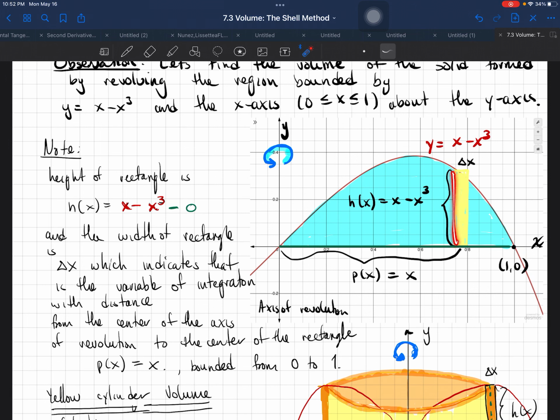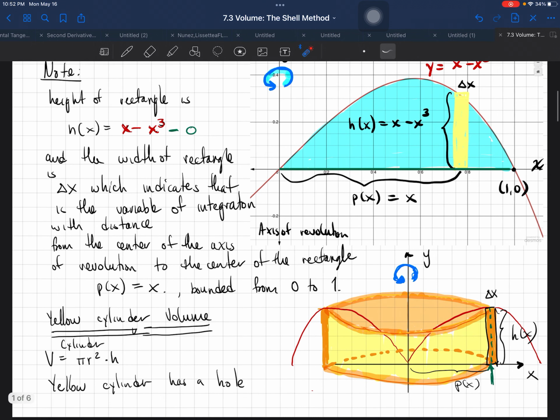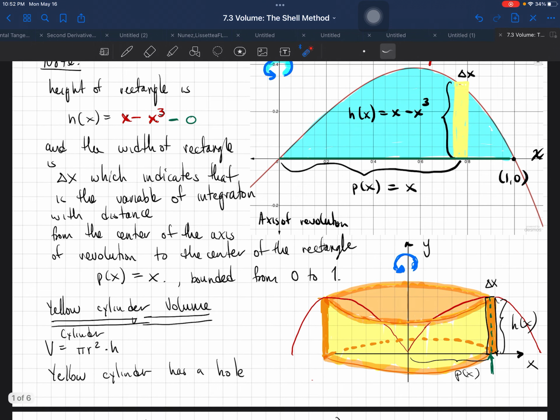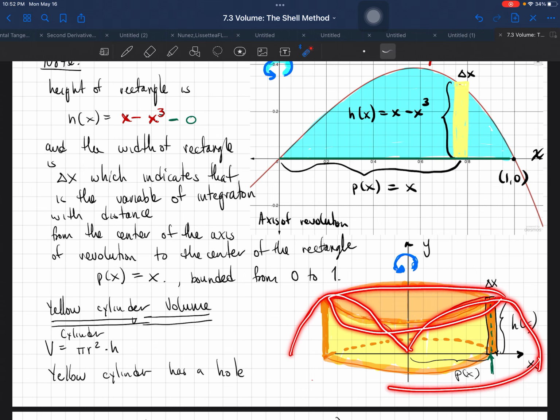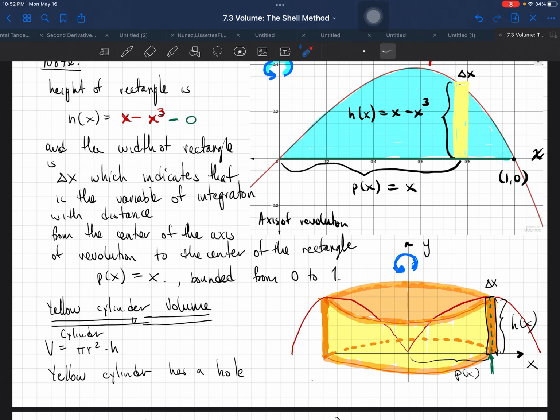What we have is this little rectangle. If you want to see it better, this is how it's going to look. So here is the solid, a three-dimensional solid, like this. And here the shell is almost like a cylinder, but with a hole inside.